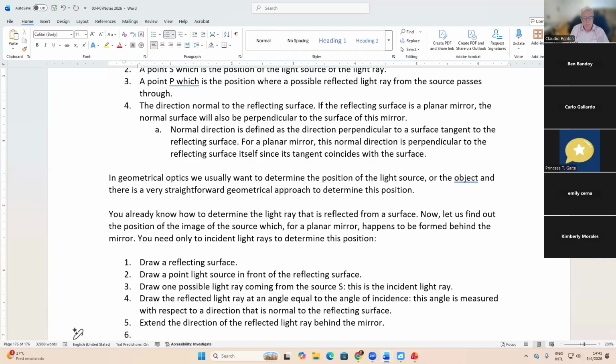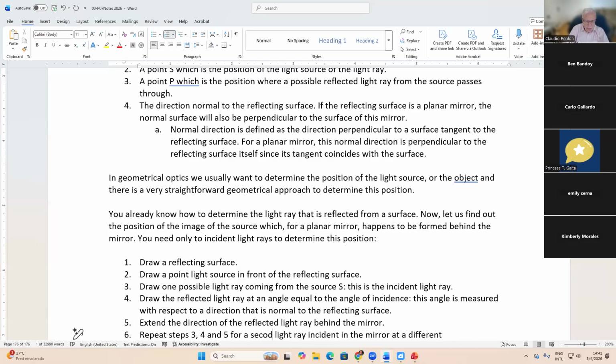6, repeat the steps 3, 4, and 5 for a different light ray, for a second light ray, right?